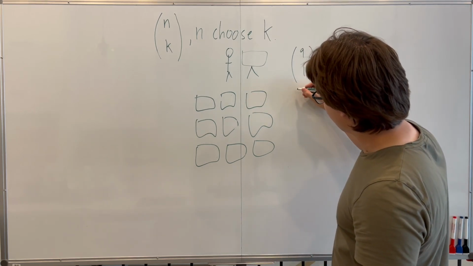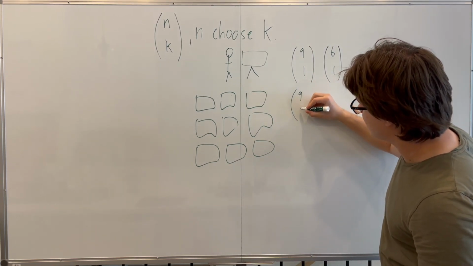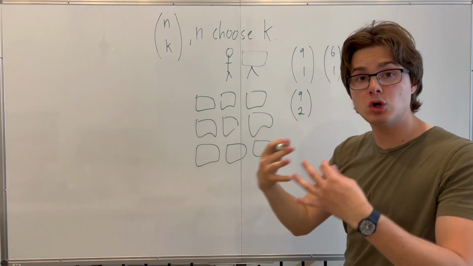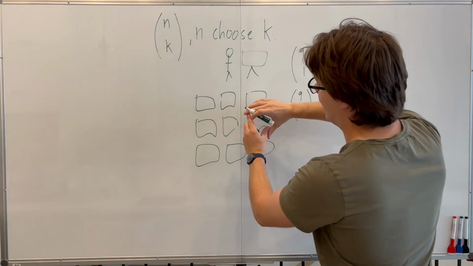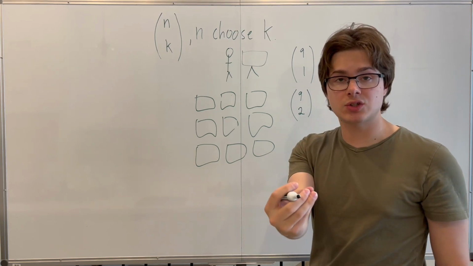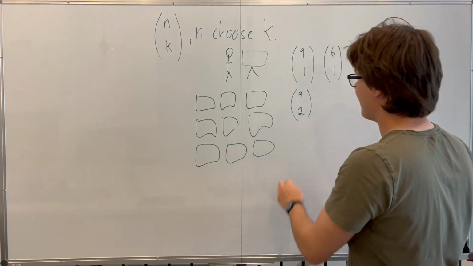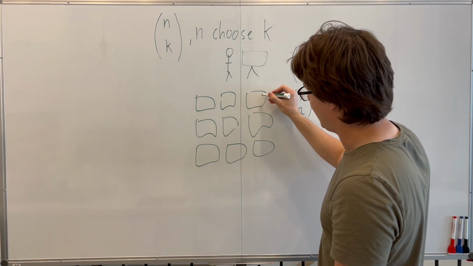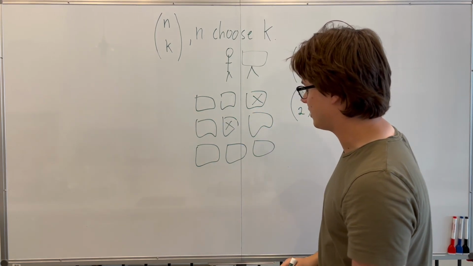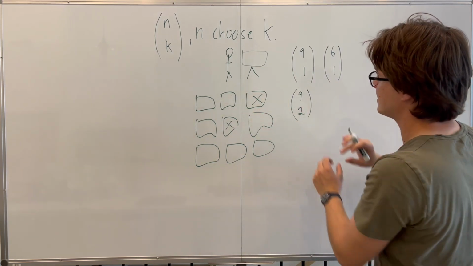Well, that's going to be written as 9 choose 2. Let's say you choose 2 of them to come up to the front of your class, right? Why are we choosing 9? Because you have 9 students to choose from to come up to the front of the class, and you're only going to choose 2 of them. You're choosing, let's say, this student and this student. That is how you would write down this.